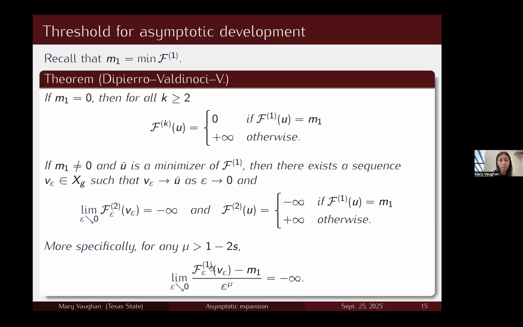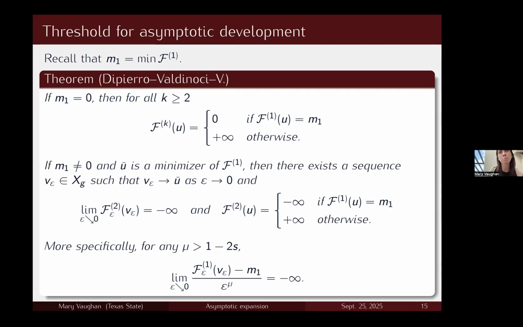So we showed that if you take F_ε^1 of this function v_ε minus the minimum value, and instead of dividing by ε, which is what you do to get this F_ε^2, you divide by ε^μ for any μ bigger than 1 minus 2s, and remember, we're in the case s between 0 and 1/2, then this converges to minus infinity. So there is no asymptotic development of order 2 minus 2s in the non-local setting.